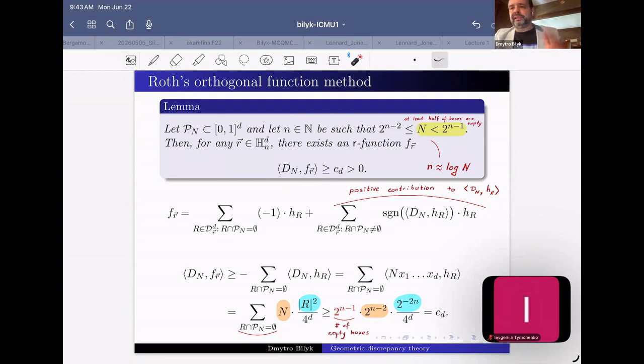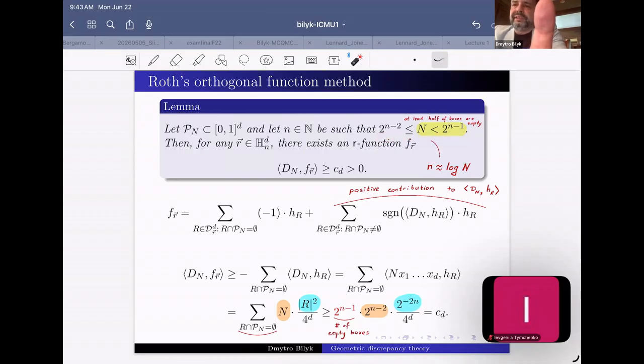Let me explain a couple of things before I go to the proof. First of all, notice that this inequality means that little n is roughly of the order log of capital N. This is what we already saw when we discussed the main idea. Also, you have to be a little bit careful here when you choose this.